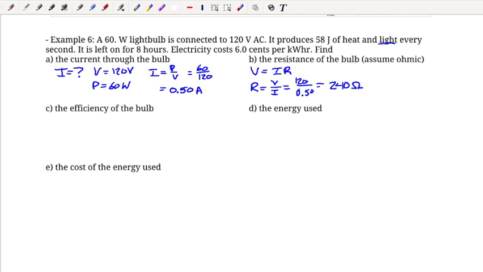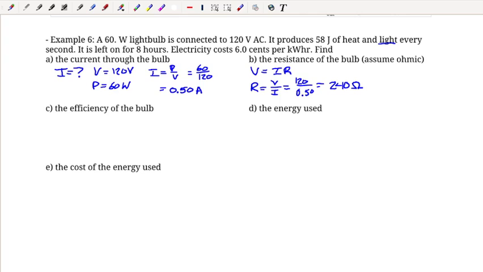Then I want to find the efficiency of the light bulb. In order to find the efficiency of the light bulb, it tells me I produced 58 joules of energy out, and we need to figure out how many joules are going in.